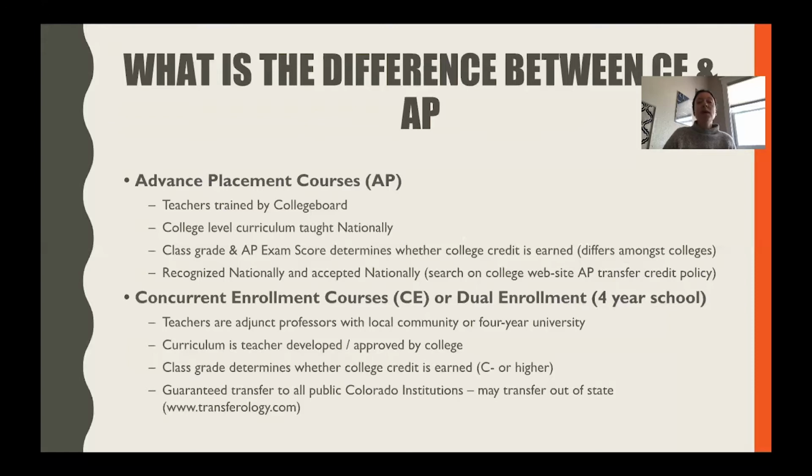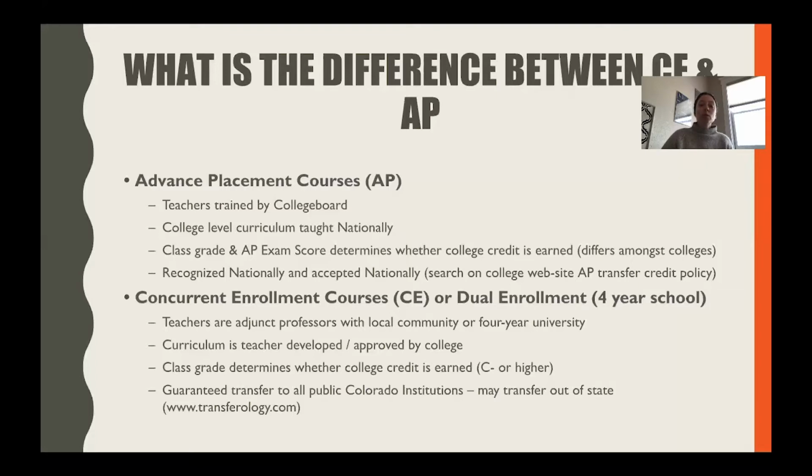In terms of transferability, where AP is usually accepted across the board at all colleges, concurrent enrollment sometimes is site dependent. If you're going to any of the Colorado four-year or public institutions, it is guaranteed to transfer in the credit area you've taken.